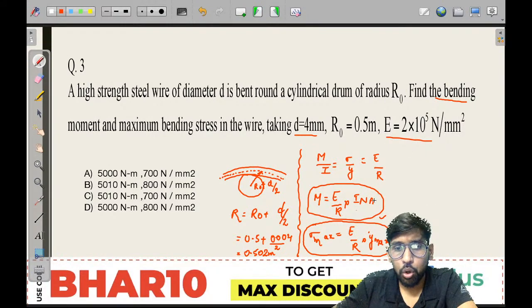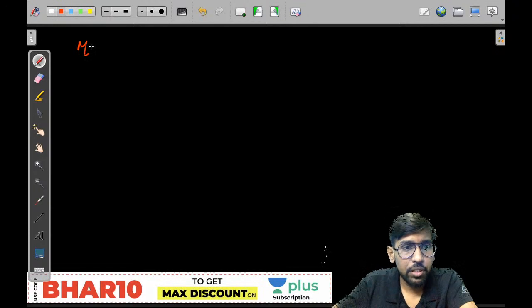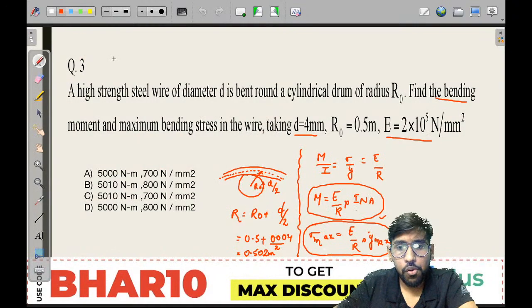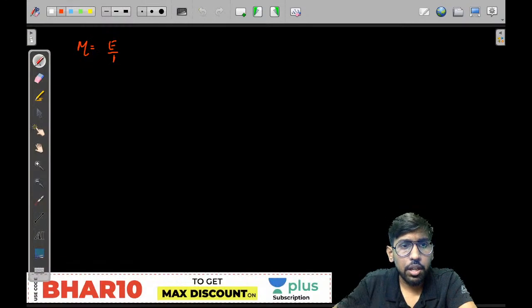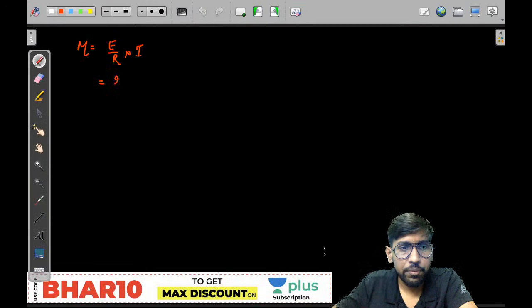I neutral axis, this is a circular cross section, so at the cross section it will be circular. So the I will be given as pi d to the power 4 by 64. M is E by R into I. E is 2 into 10 to the power 5.